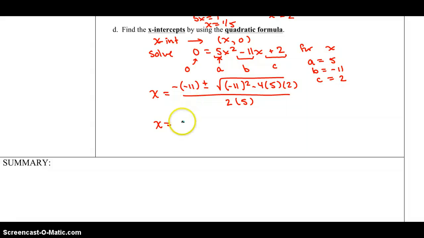So the opposite of -11 is +11, so minus square root. -11 times -11 is 121. And 4 times 5 is 20 times 2 is 40, so we get minus 40. And 2 times 5 we get 10.